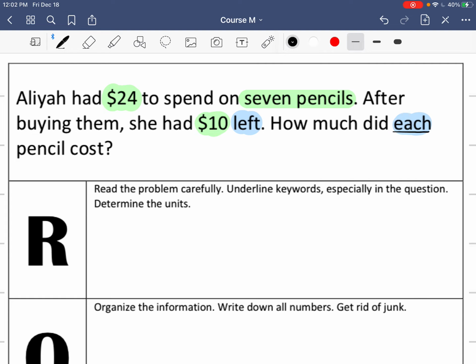Did you notice what else I highlighted? I didn't just highlight numbers. I highlighted the units that go with those numbers. So here's what I want you to notice. First of all, let's write the question in this space. How much did each pencil cost?